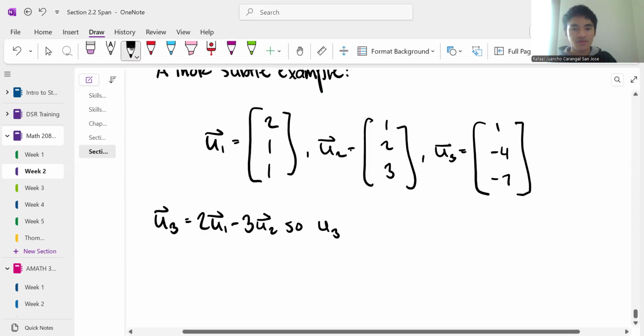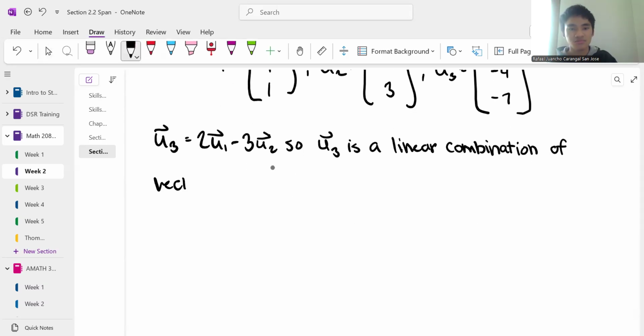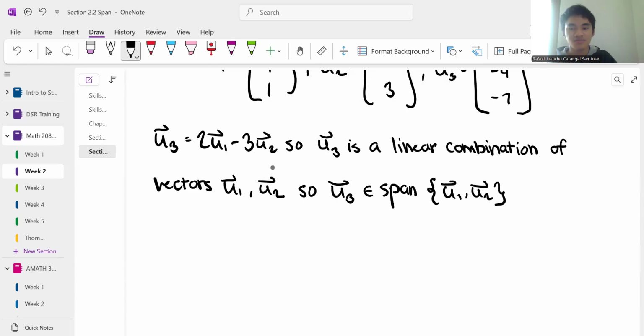So u sub 3 is a linear combination of vectors u sub 1, u sub 2. So u sub 3 is part of the span. I'm just connecting ideas here of u sub 1, u sub 2. Right? So what is the span of those three things?